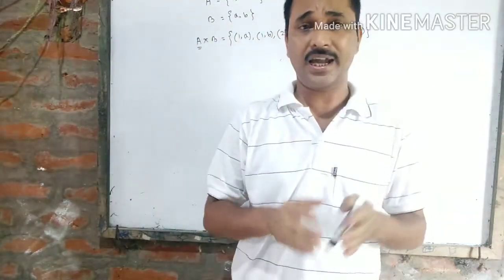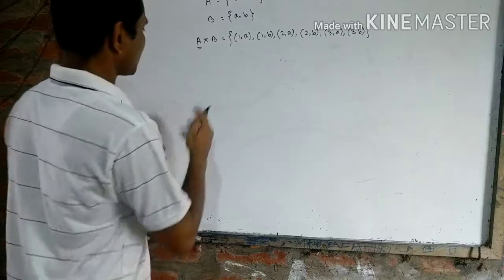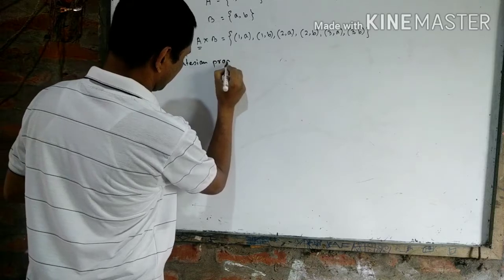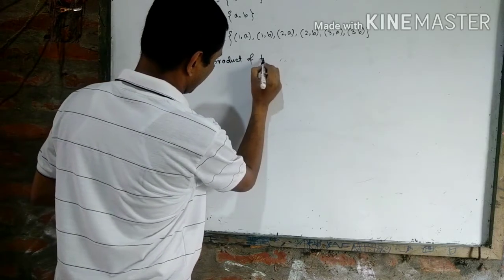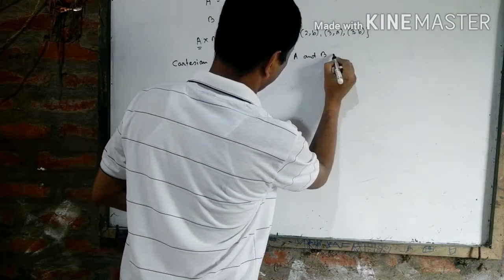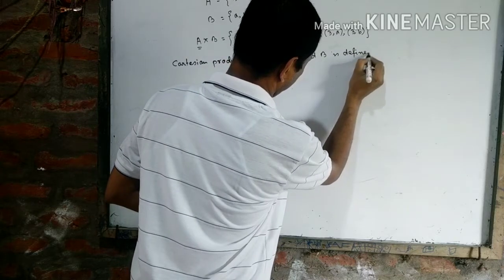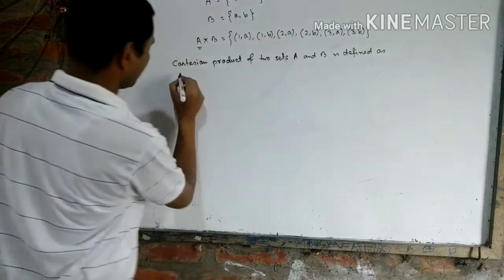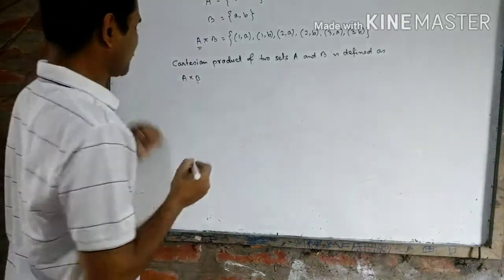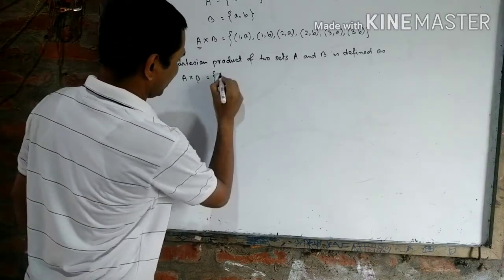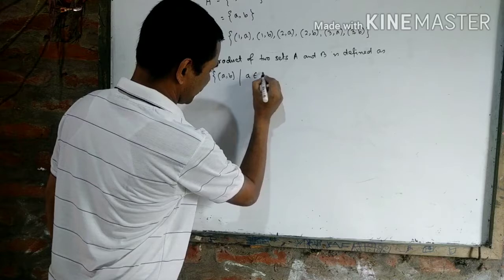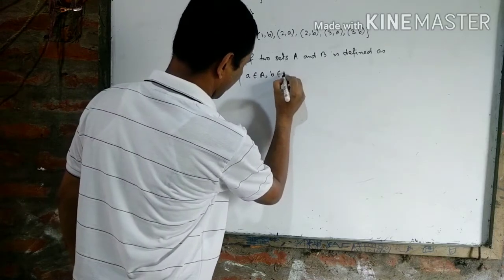The Cartesian product of two sets A and B is denoted by A cross B and is defined as the collection of all the ordered pairs (a,b) such that the first component belongs to the first set and the second component belongs to the second set.